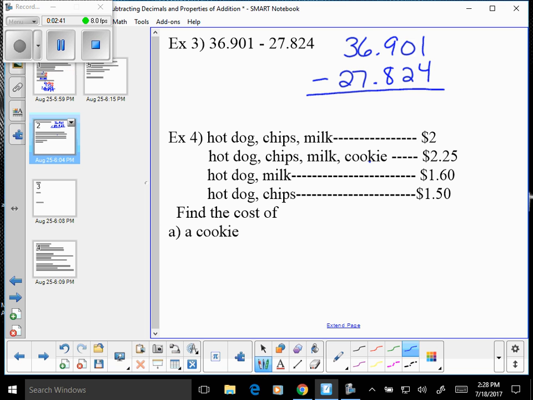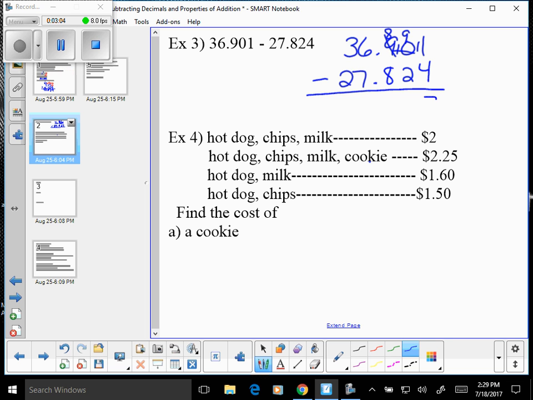And it's not going to do me any good to try to borrow from the 0 or regroup. Where I'm going to regroup is from that 9/10. I'm going to cross that off. That's going to become an 8. I carry that tenths over, but I'm going to have to regroup again to make that an 11.